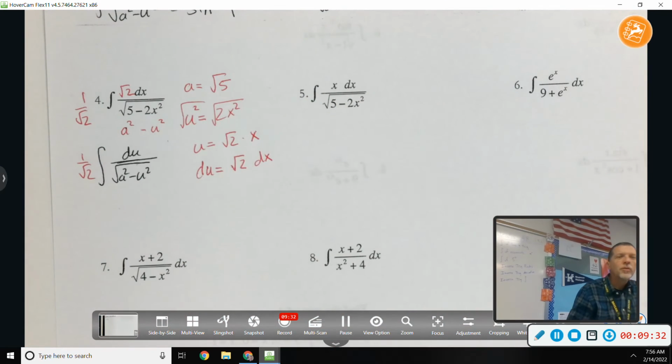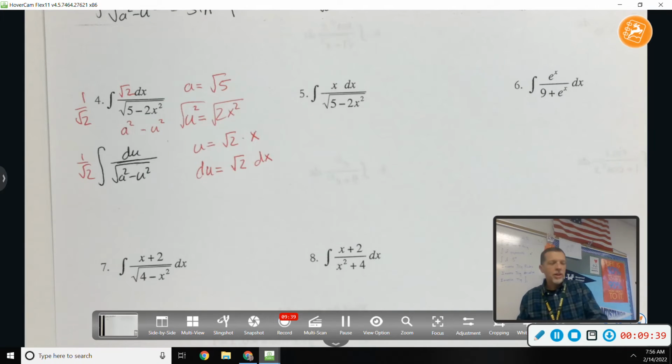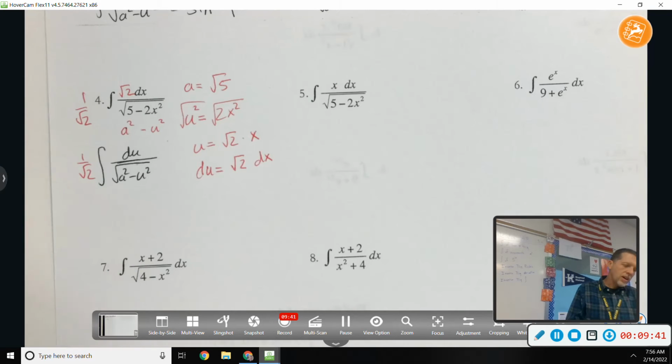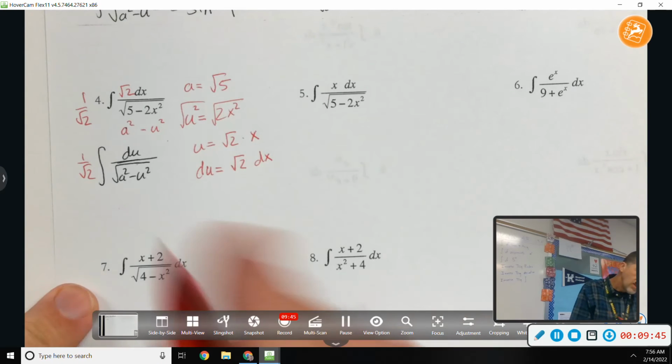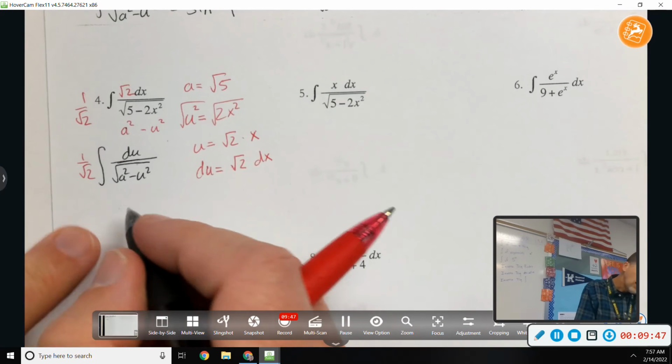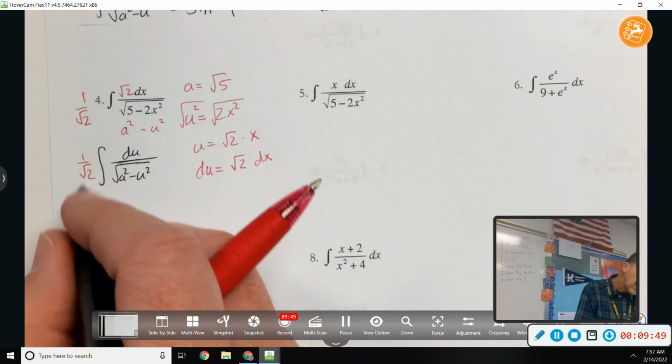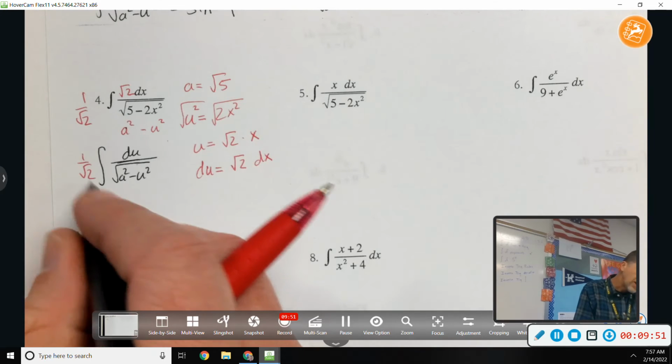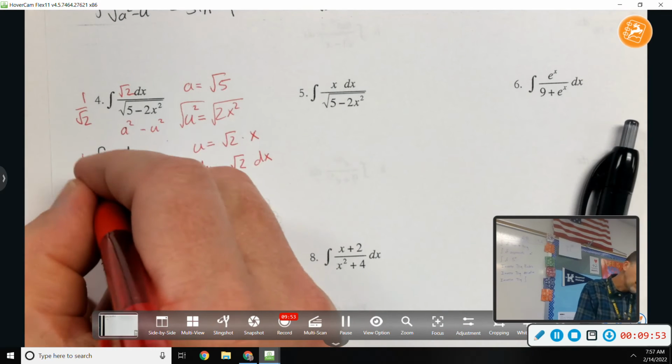Okay, so we forced the denominator to work because we got to pick a and u. And then the numerator we had to fudge a little bit, but we can always fix by a constant and be okay. So my answer, we said this was inverse sine. So 1 over root 2, that's just from what we had to put out front.